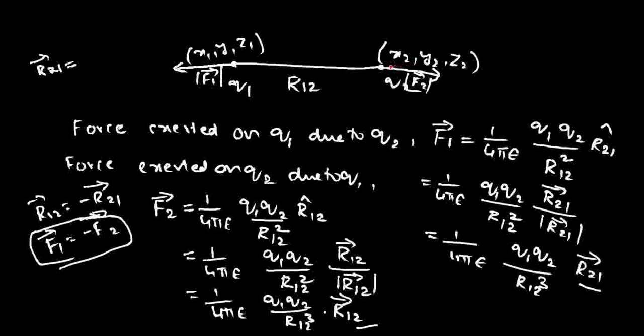So the vector starts from x2 y2 z2 and ends at x1 y1 z1, right? So the initial point is x2 y2 z2 and the final point is x1 y1 z1.